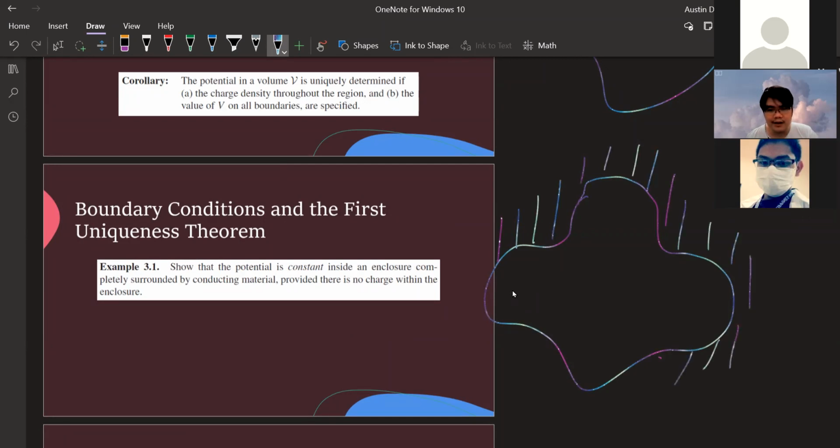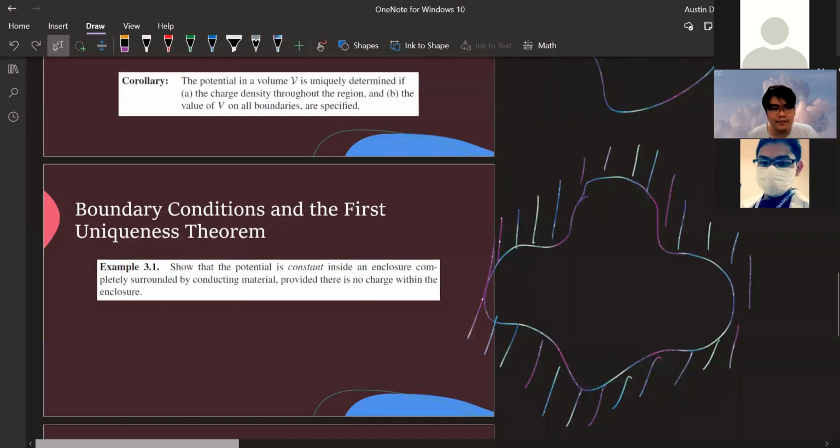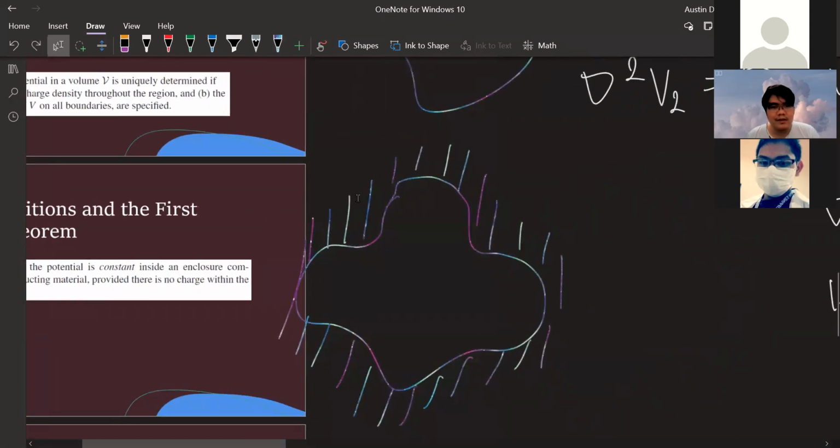So cavity to, no? Okay, cavity yan. Conductor yan sa labas. And then, hanapin daw natin yung potential sa loob. Okay, what is the electric field at this point?